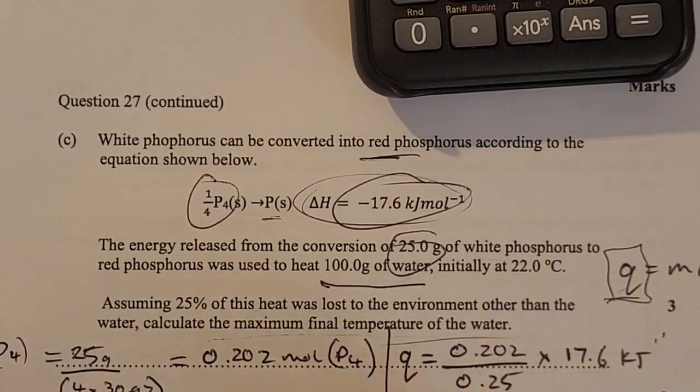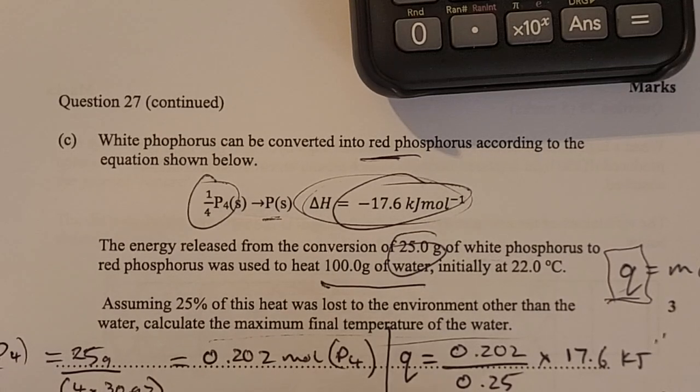Now we can put that into our formula. Q equals mcΔT. We know that's 14.22.